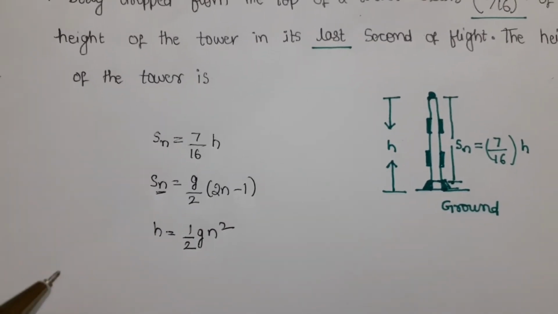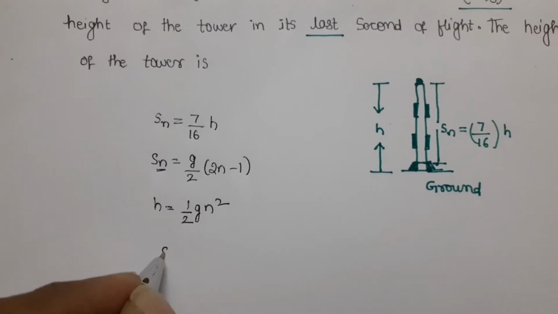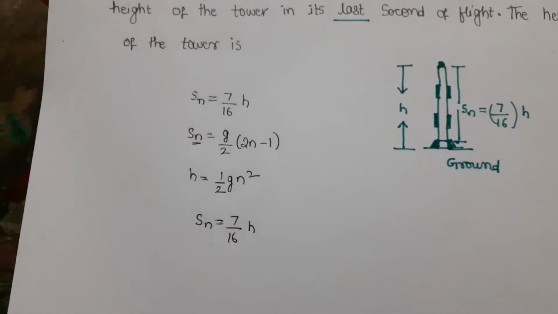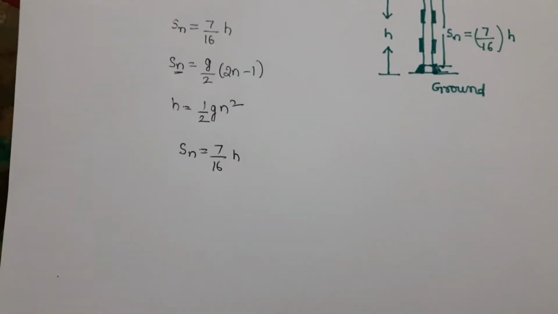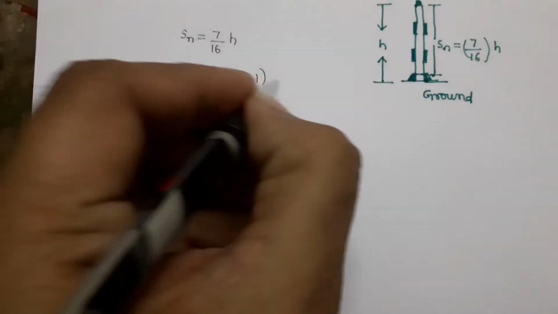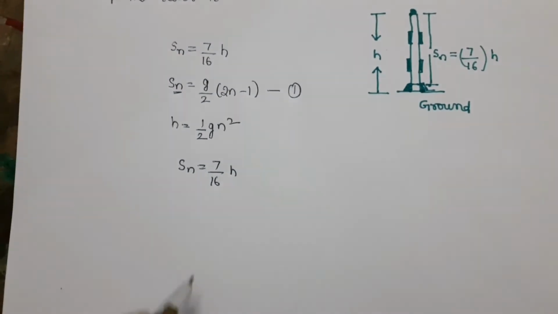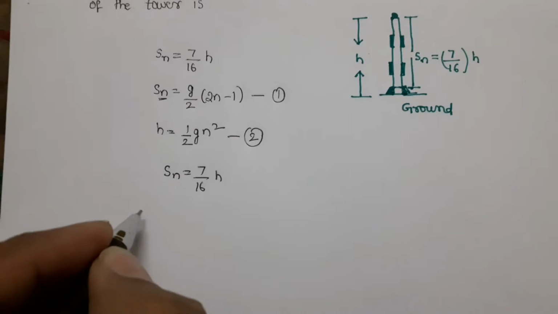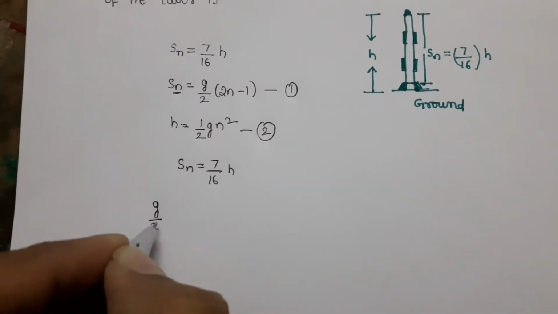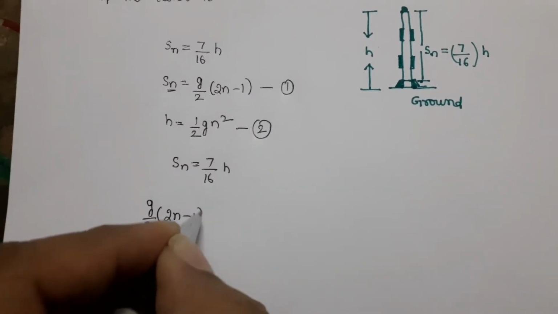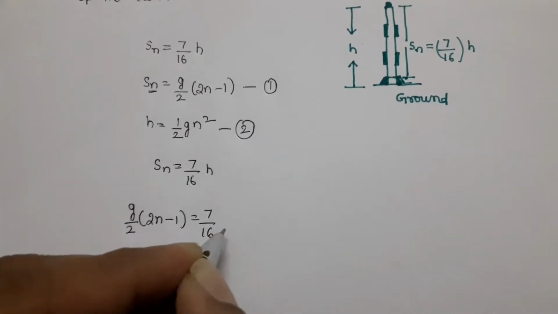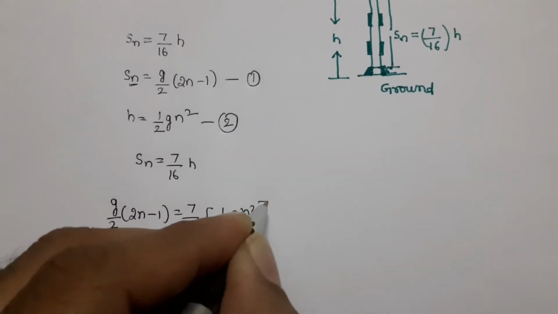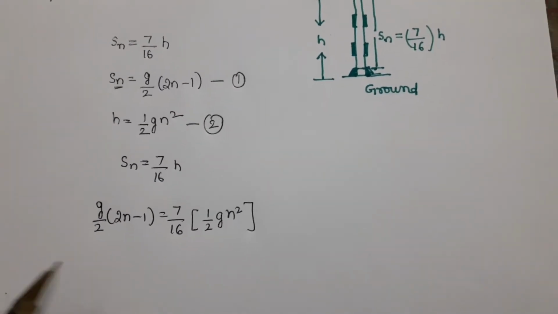So let us substitute the value Sn is equal to 7 by 16 of h, from 1 and from 2. If we substitute in 3, we have g by 2 (2n minus 1) is equal to 7 by 16 into 1 by 2 of g n square. Okay.